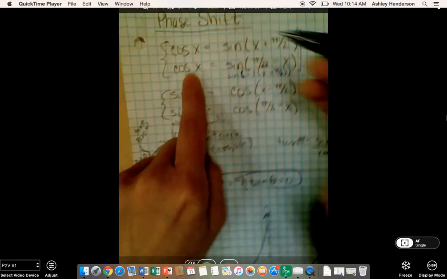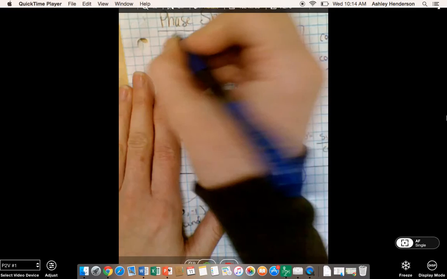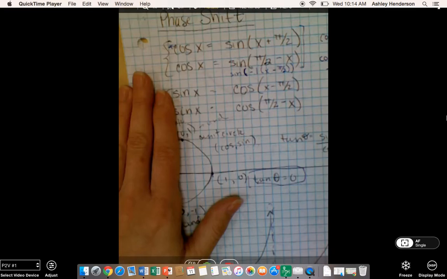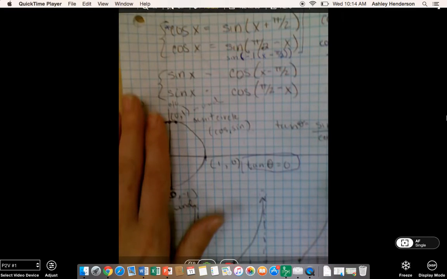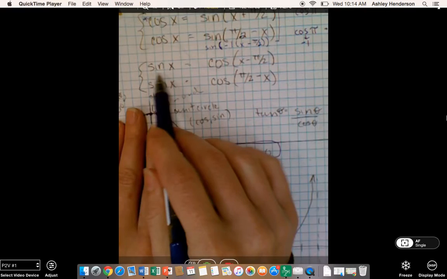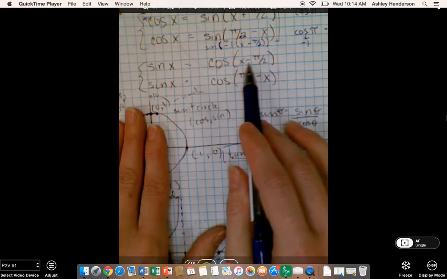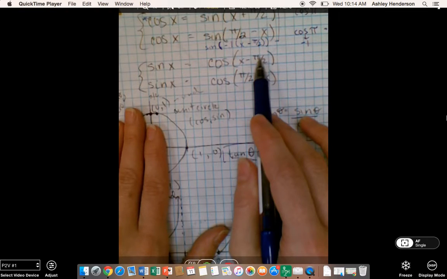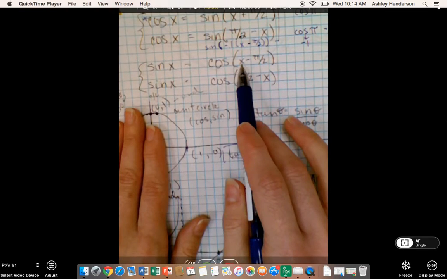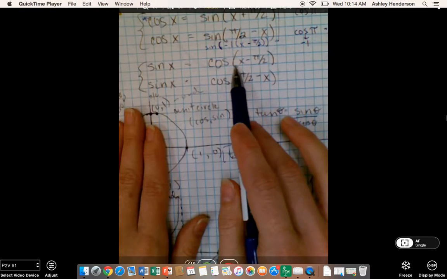This one right here, I think this one is more commonly seen, but they both are equivalent. Sine of x equals cosine of x minus pi over 2. In other words, sine of x is behind cosine by pi over 2.